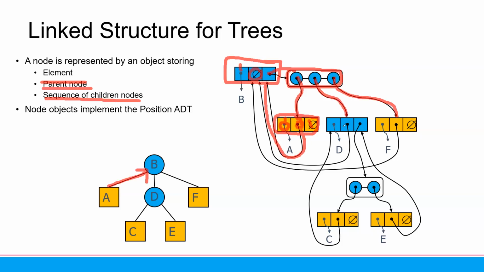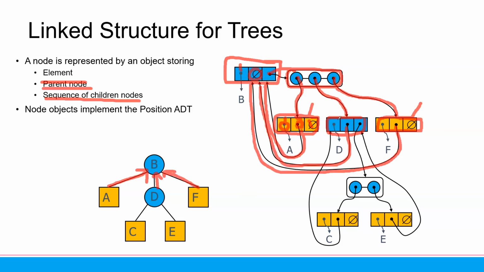And then we have D. The parent of D is B. And then we have F. The parent of F is B. And for the yellow color, there is no children.